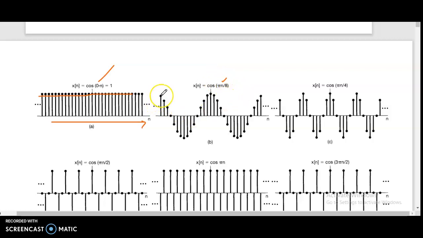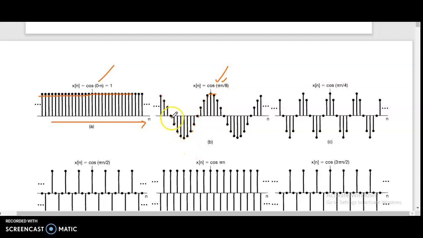That means here the signal turns down in positive, then 0, then negative side, negative side, increasing, then step by step decreasing, same sinusoidal wave. Okay, so here cos pi n divided by 8.